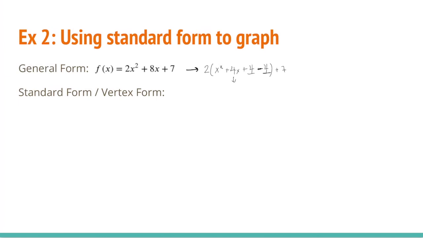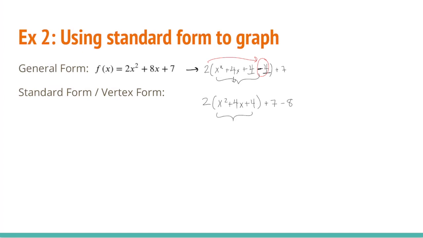Squared will get me 4, so I also need to subtract 4. Okay, and now I'm going to go ahead and move that -4 outside, but remember it is multiplied by that 2. It goes out there with my 7, -8.